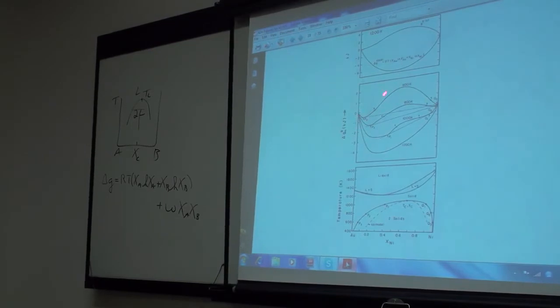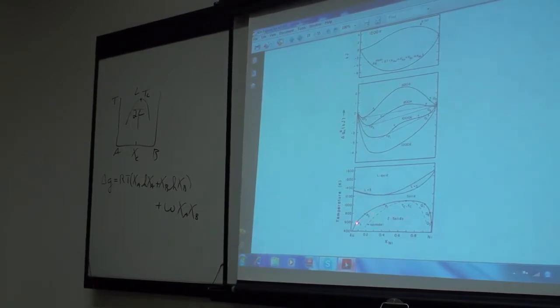At low temperature, say at 1,000 degrees, you'll have a bump, and the curve has this shape. So there's a common tangent between the two sides of the curve, which gives you the two-phase boundaries. And at lower temperatures, the two-phase boundary gets wider. At high temperatures, beyond a certain point, the curve is completely convex, and now there are no common tangents. So now you have a complete miscibility.